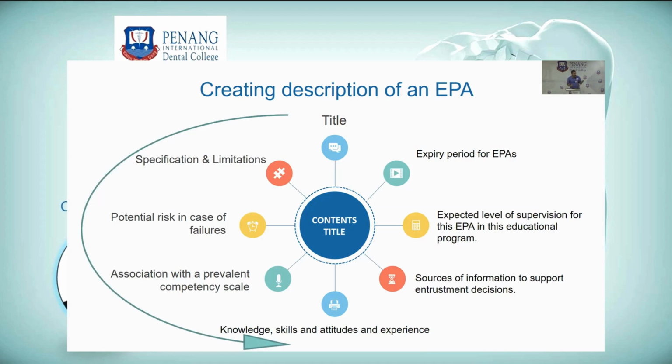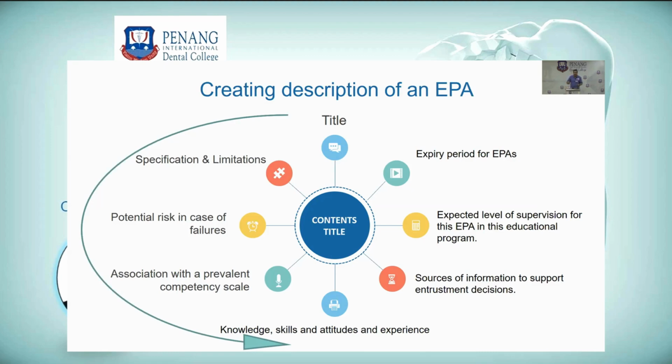Then association with the relevant competency scale. What should he achieve? Knowledge, skills, attitudes, and experience in managing in general. Then the source of information to support the entrustment decision. You're entrusting the student with a case. What source of information does the student already have? And then finally, the expected level of supervision for this EPA in the educational program.